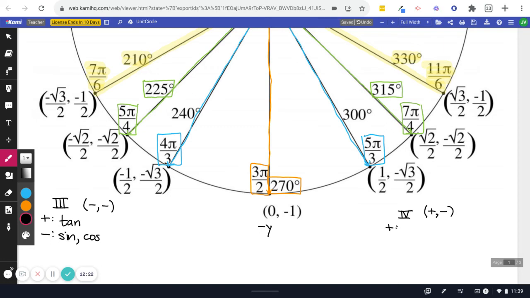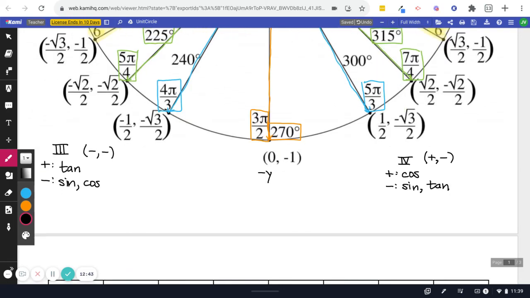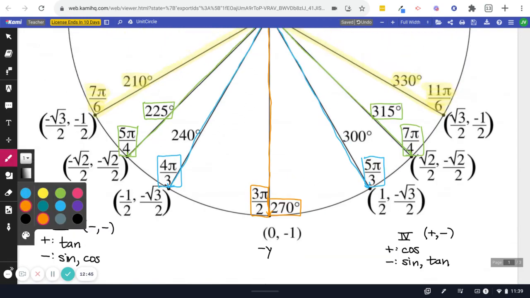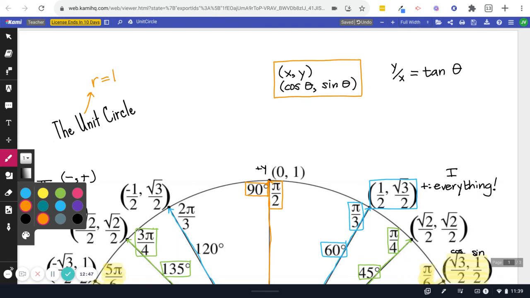So in terms of our trig stuff, sine, whoops, that's not what I want. Hopefully you didn't write that down. Cosine is positive because x is positive, but sine is negative. And since cosine and sine are different signs, tangent's also negative. Maybe we want to add that at the top, since we've got a good little housekeeping spot there.